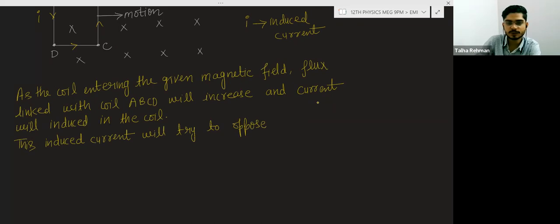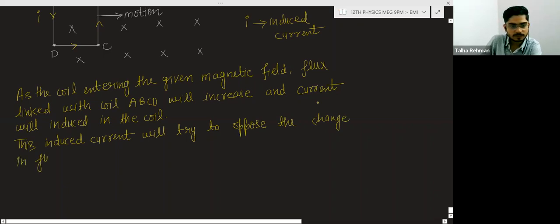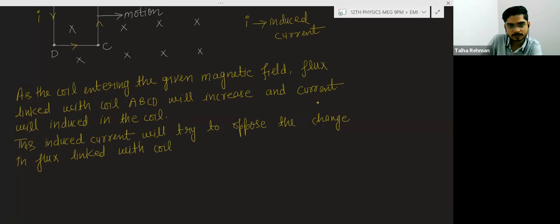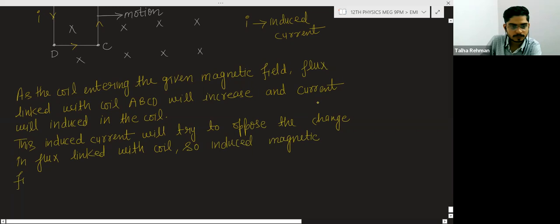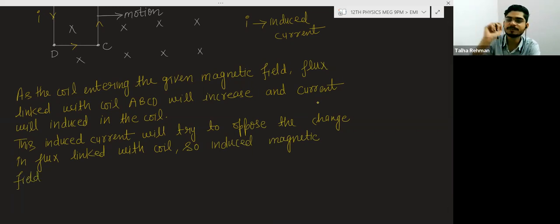So the induced current will try to oppose the change in flux linked with the coil. So this current will produce the induced magnetic field. Okay, so the induced magnetic field will be due to the induced current, because the current can produce the magnetic field.